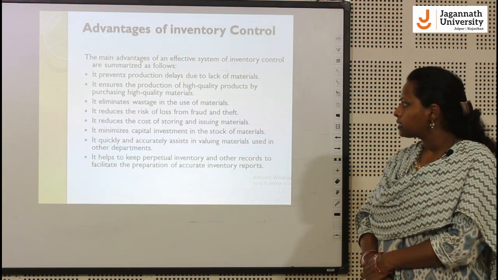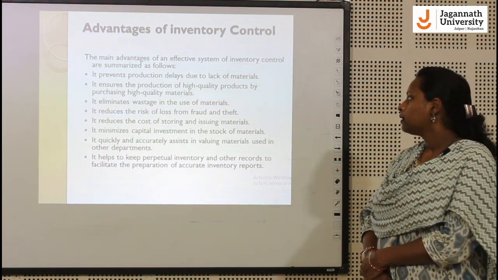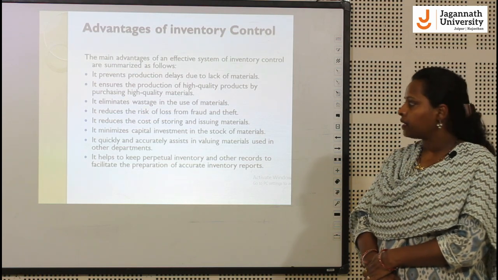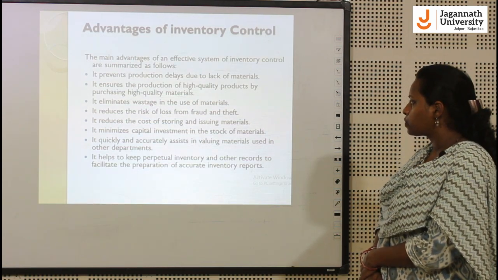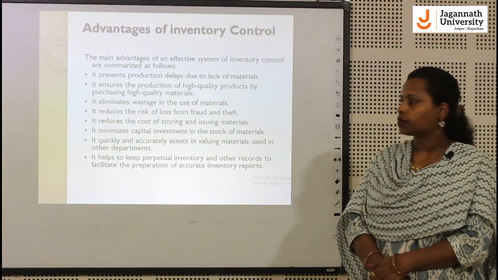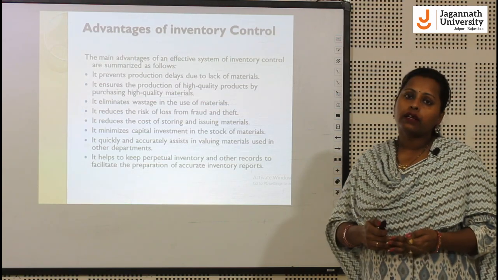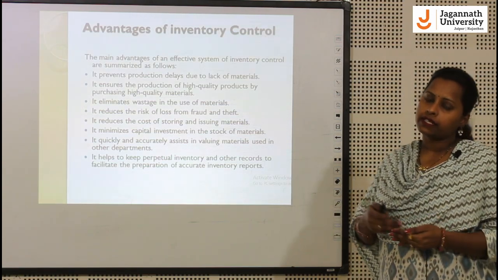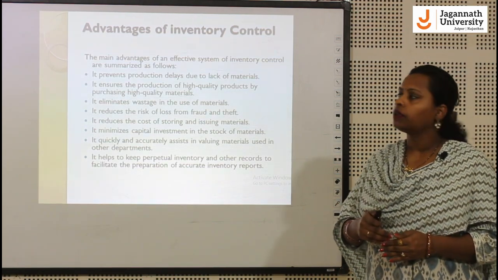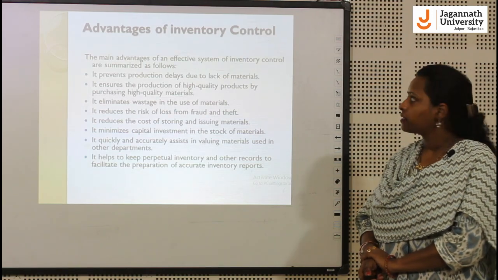It minimizes capital investment in the stock of materials. It quickly and accurately assists in valuing materials used in other departments. It helps to keep perpetual inventory and other records to facilitate the preparation of accurate inventory reports. So inventory control gives us so many benefits, and proper inventory control is required in the organization to gain all these benefits.